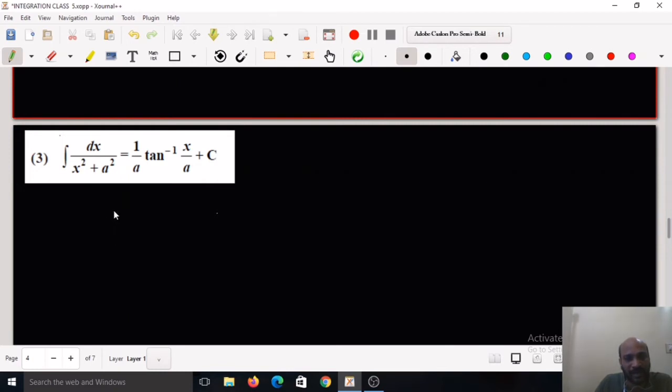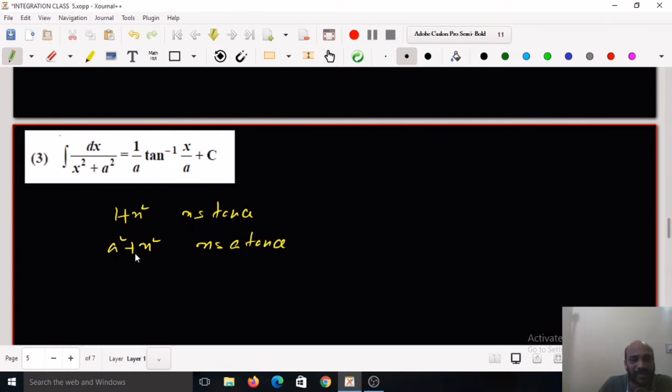If it is 1 plus x square, we usually take x equal to tan theta, because 1 plus tan square is sec square theta. Here it is not 1 plus x square, here it is a square plus x square. So you have to take x equal to a tan theta, then only we can simplify.